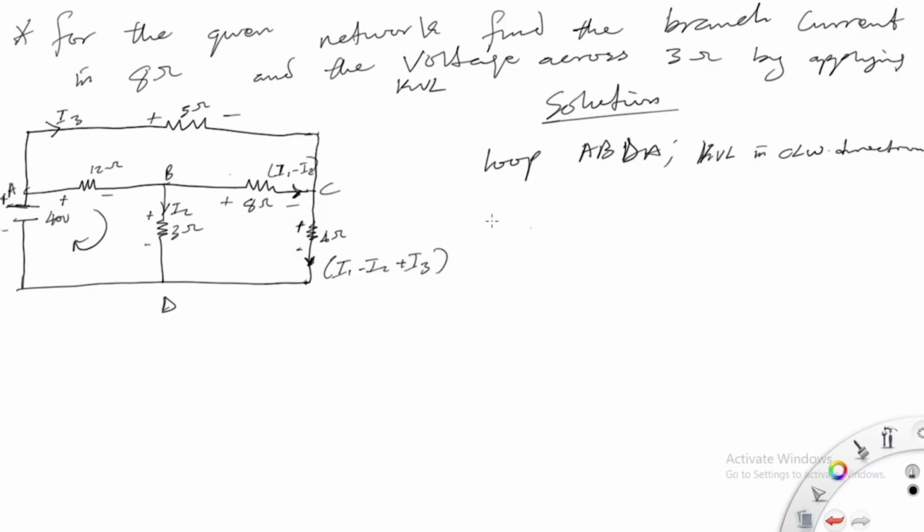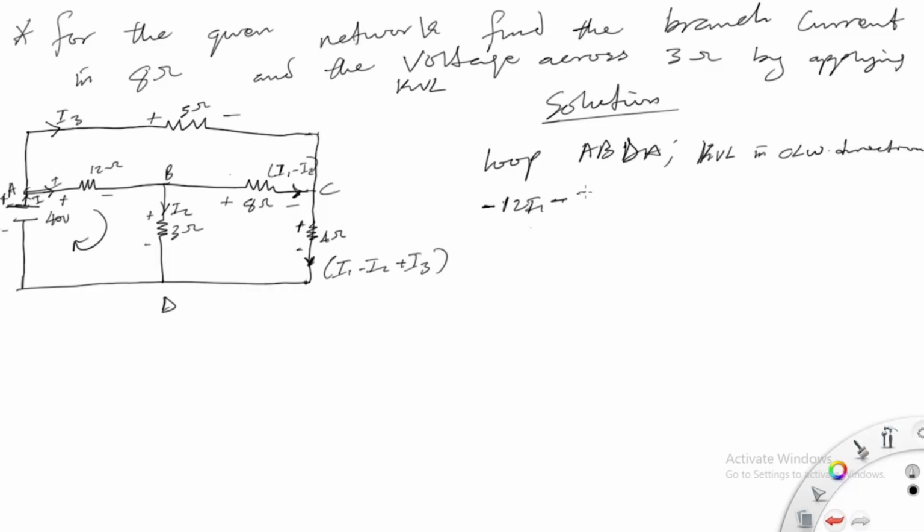We would start from 12, which is a drop. There's a current here acting on it, going upwardly. This current is called I1, acting on this particular branch, coming towards this branch. So it will be minus 12 I1, a drop because it's going from positive to negative.